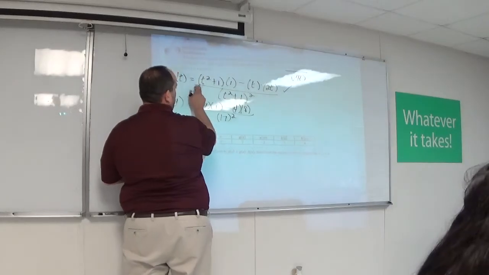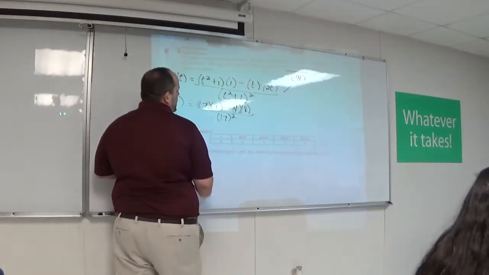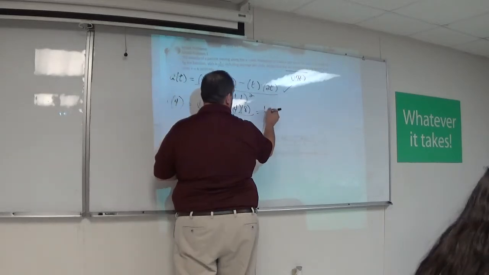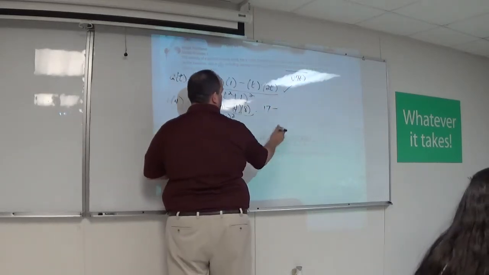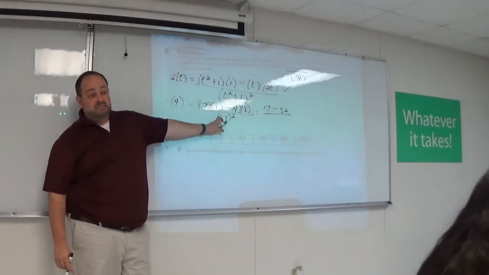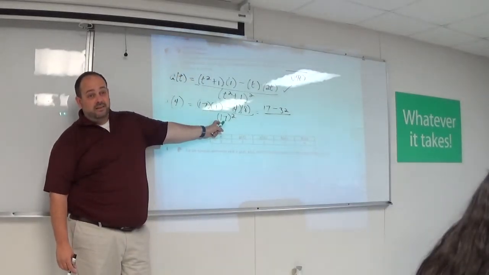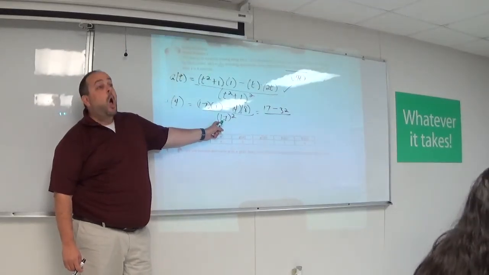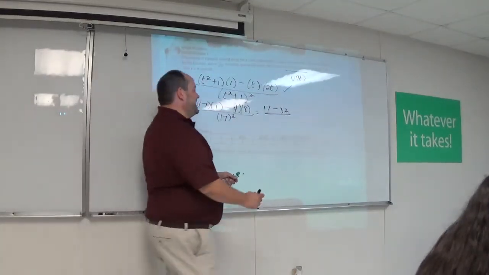If it's multiple choice, you do have to go further. 17 times 1, 17. 4 times 8, 32. 17 squared is 289.